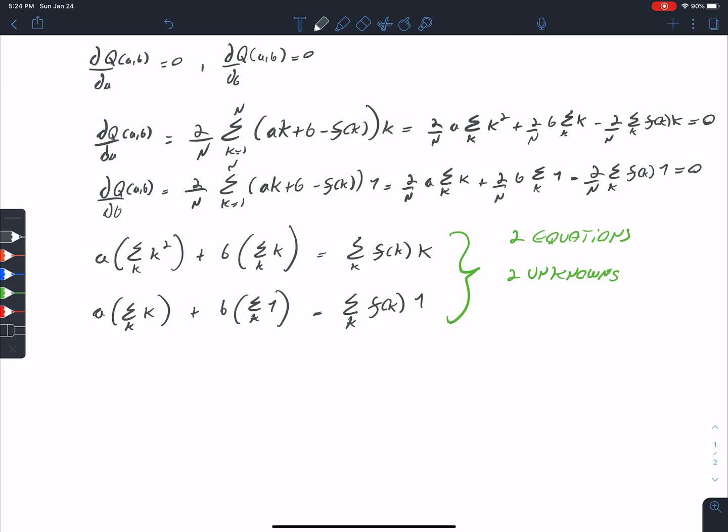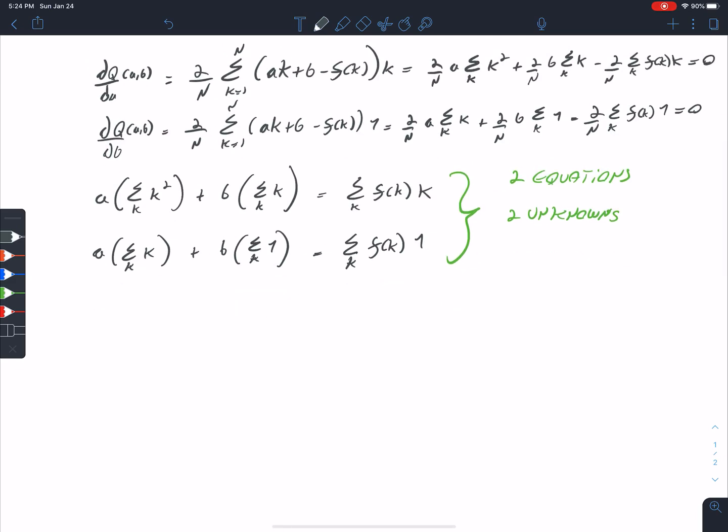So let's do this. We're going to end up with a matrix which has these terms in parentheses here. So I'll just write the matrix itself: sum over k of k squared, that's the first term of the matrix, this is sum over k, and this is sum over k, and this is the sum over k of 1.